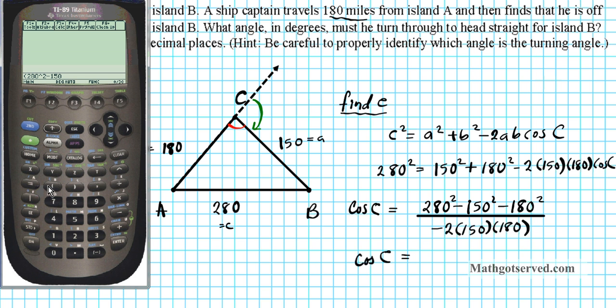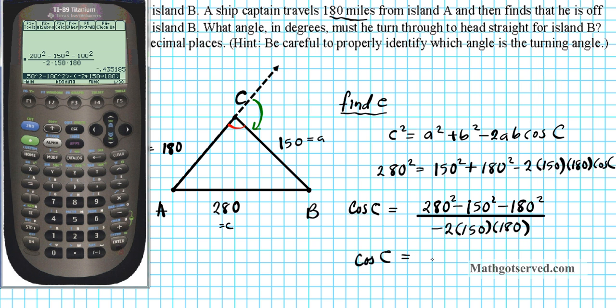Minus 150 squared, minus 180 squared. And that entire expression divided by negative 2 times 150 times 180. And the answer is going to be negative 0.43519.